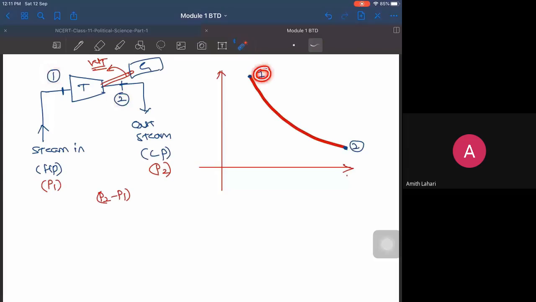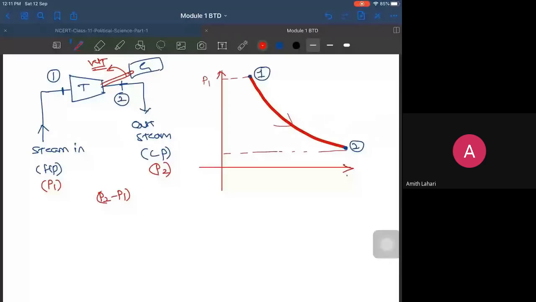Okay, during the course, the steam enters and starts to change its states in the turbine. We have this process here which is clearly defined, like this. So P1 is your pressure at initial and P2 is your final pressure.